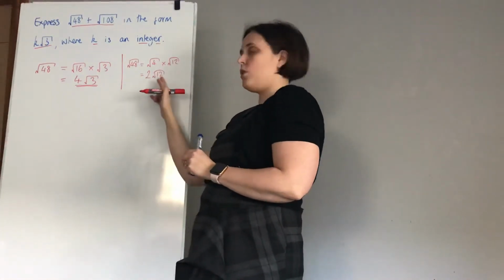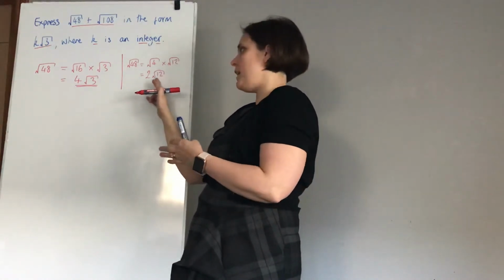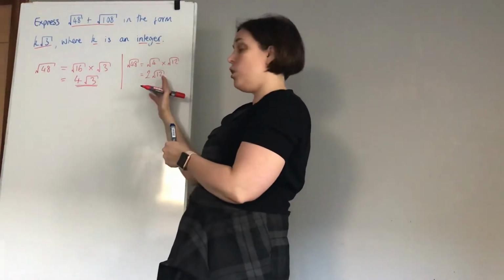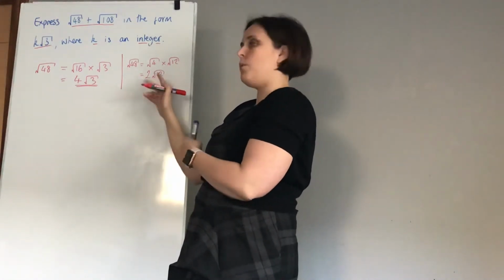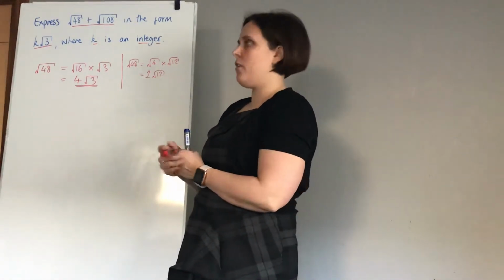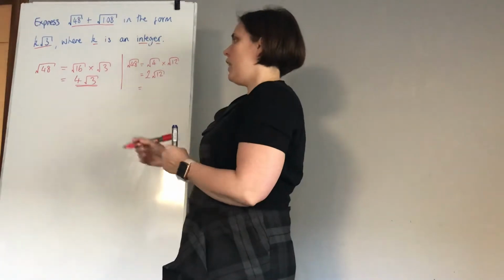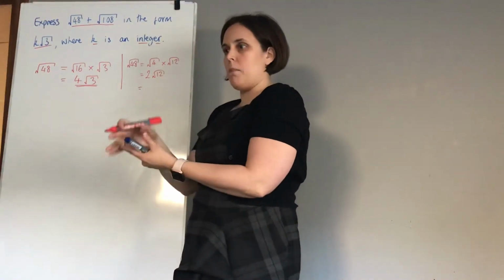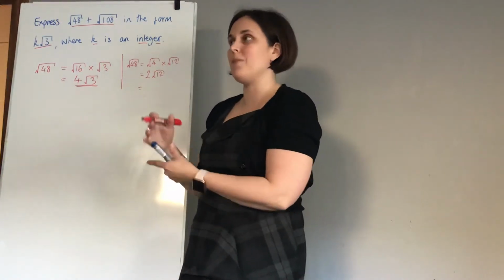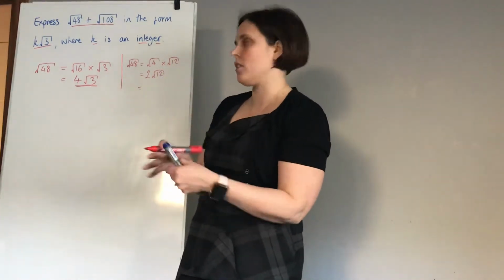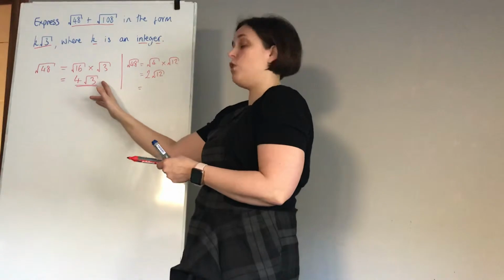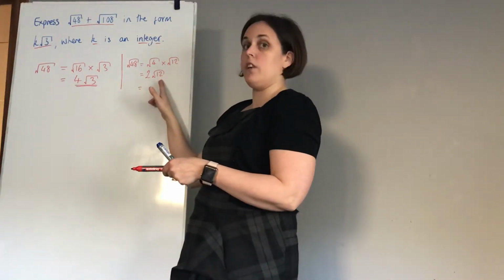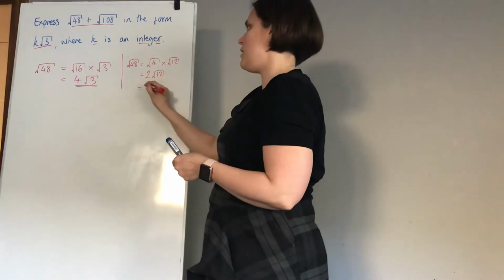However, when you get to a point where you have simplified, you then look at your surd and see whether it can be simplified any further. Now 12 has a factor pair of 4 and 3, so it does have another square factor. If you get to this point and you've run out of square factors, you know you're done. However, if you find there's another square factor, you can use it.